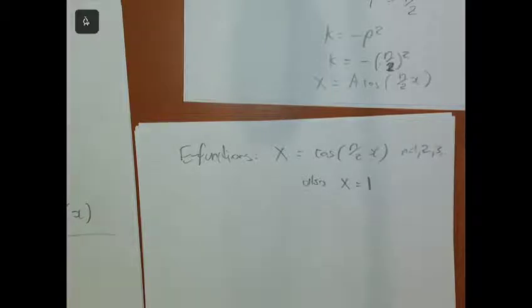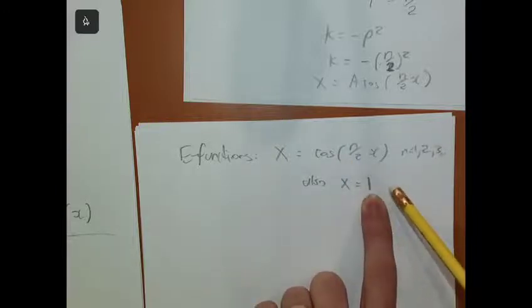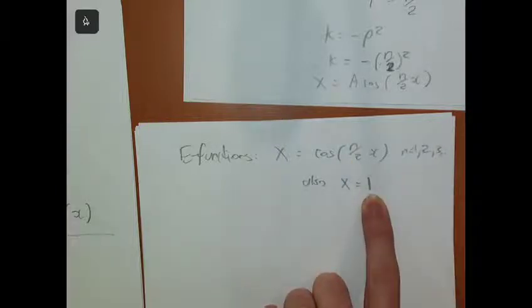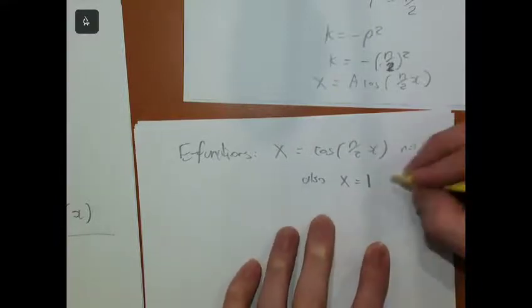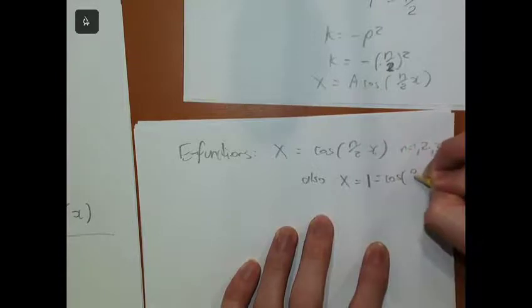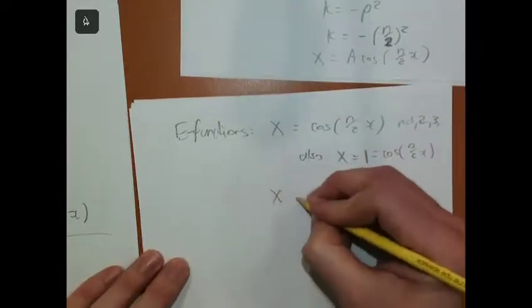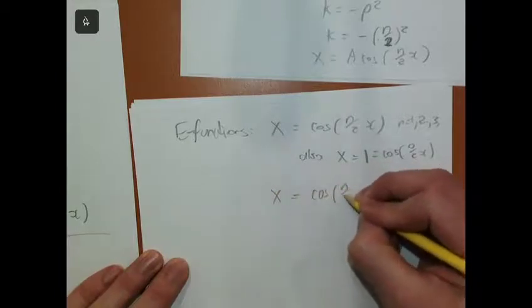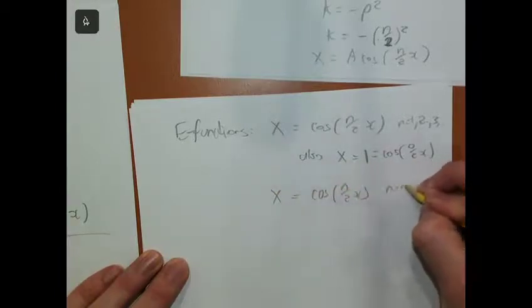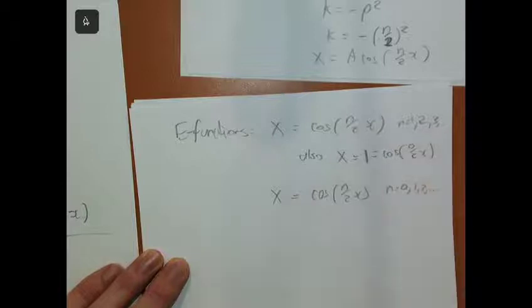I'm going to not have a constant, it's a times 1. Now here's the really, really clever bit. Cos of 0 is 1. And so this is the same as cos of 0 on 2 x. So actually it turns out that my eigenfunctions are cos of n on 2 x for n equals 0, 1, 2, etc.